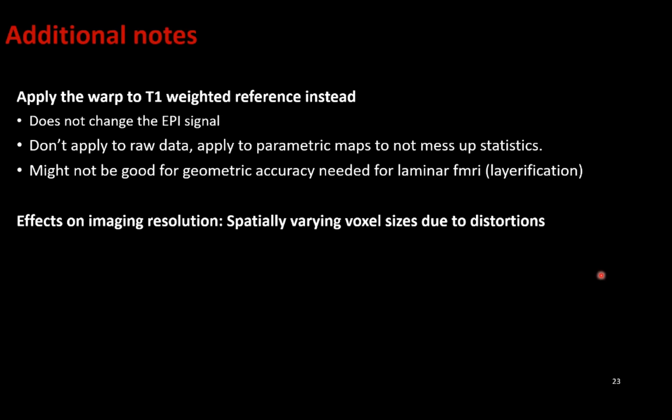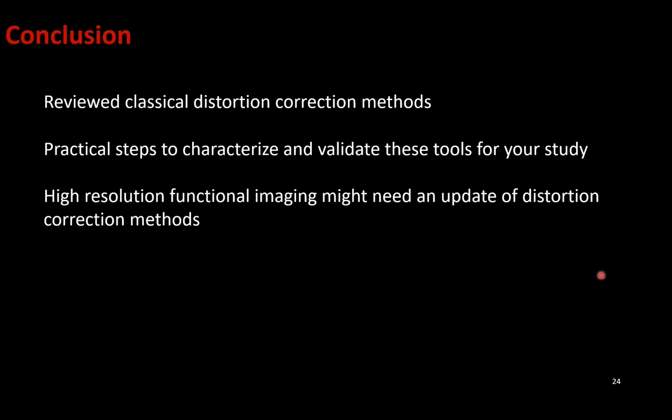And no matter the regions of distortion, you're not going to get the same resolution as you acquired. That's very important because your voxels are all warped, right? So you are decreasing resolution in regions of distortion, and therefore using susceptibility maps and thresholding them might be a good way to handle this decrease in resolution for laminar fMRI.